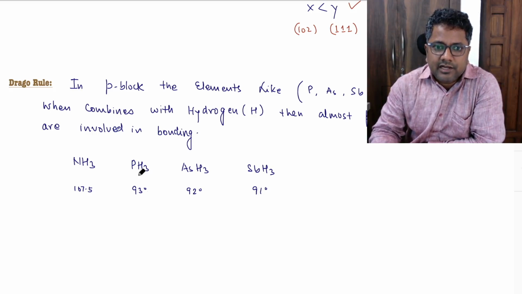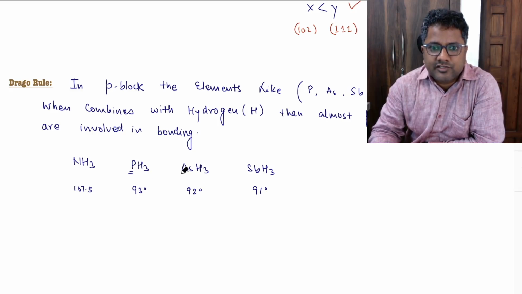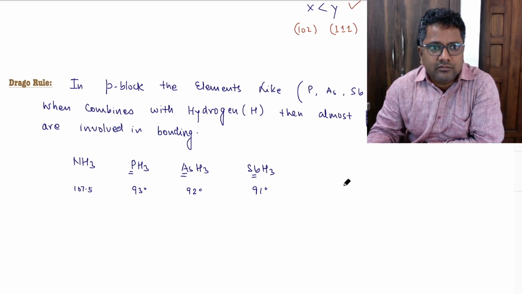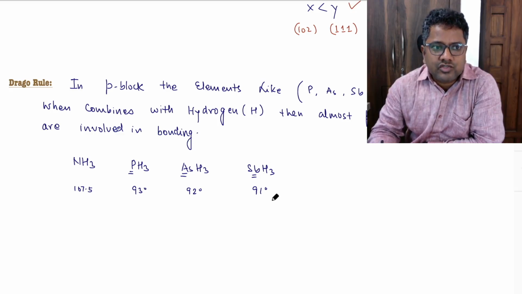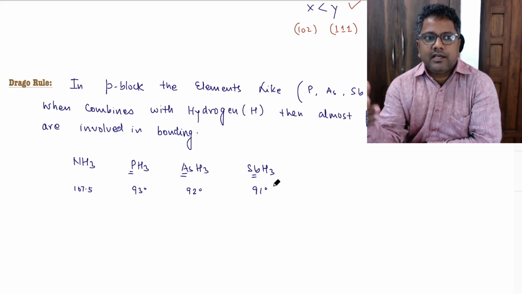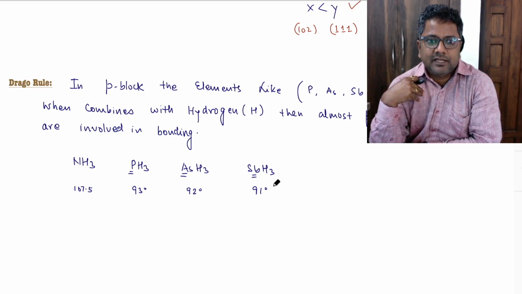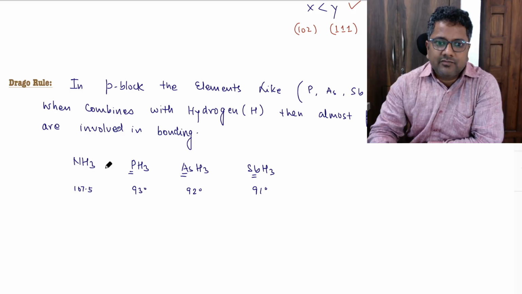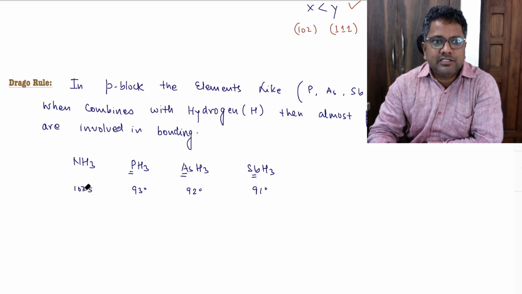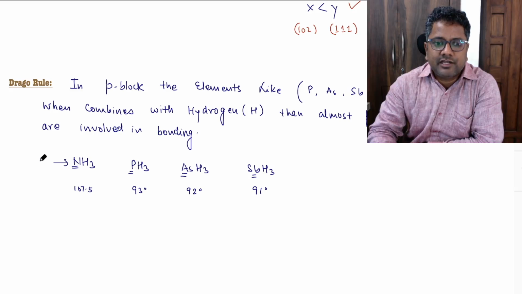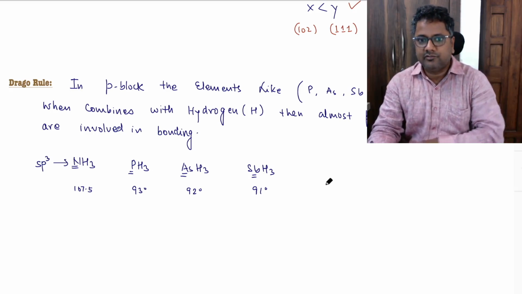And here you are getting 93 degree. So is there any hybridization in phosphorus? In arsenic? In antimony? The answer is no, because the bond angle is close to the bond angle of pure p atomic orbitals, right? And in case of ammonia, there is a change in the bond angle, it is close to 109. So we can say that in ammonia there is sp3 hybridization, but there is no hybridization in these molecules.